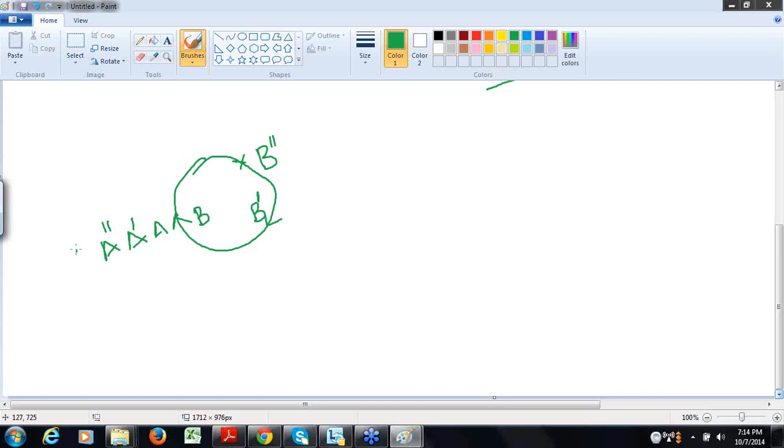Now A has completed the 3rd round, so A triple dash, B will be somewhere here. Now A has completed the 4th round, so B will be somewhere here.